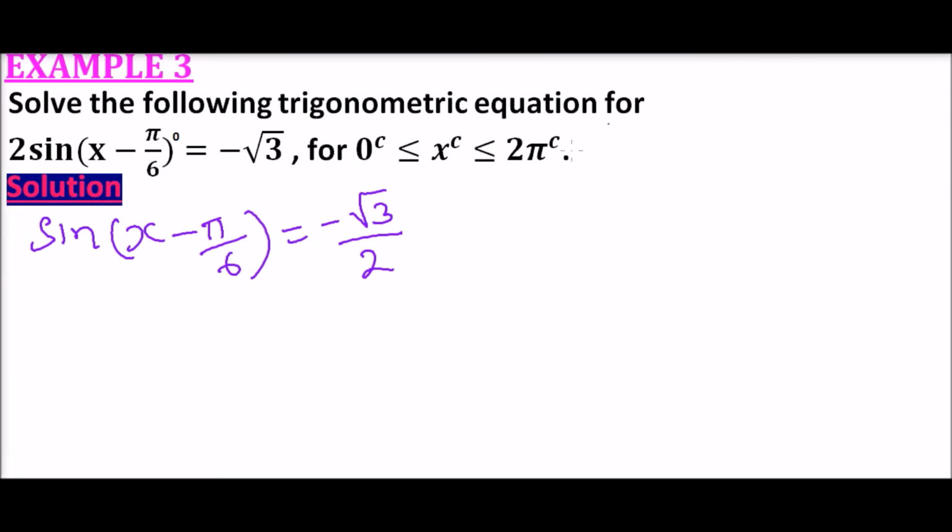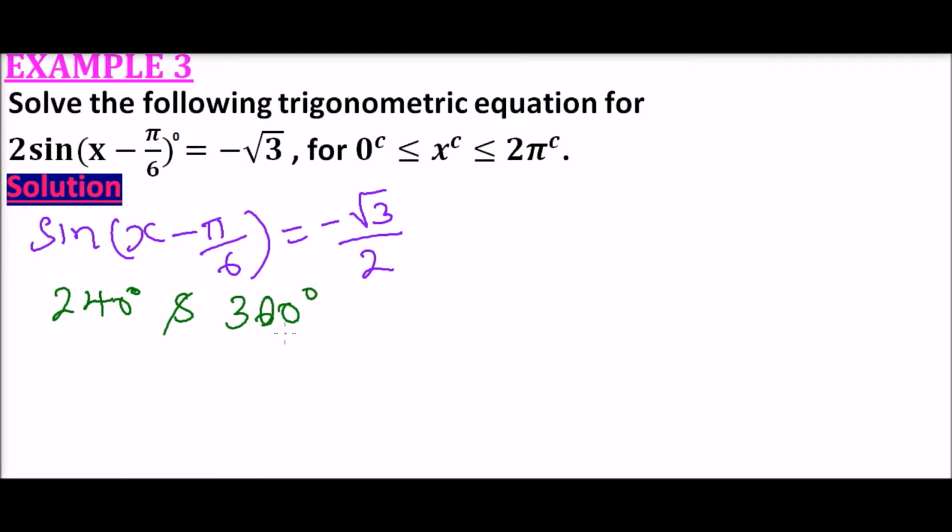Then from there, we say that the angles whose sine is minus root 3 over 2 are 2 angles within 360, and these 2 angles are 240 and 300 degrees.